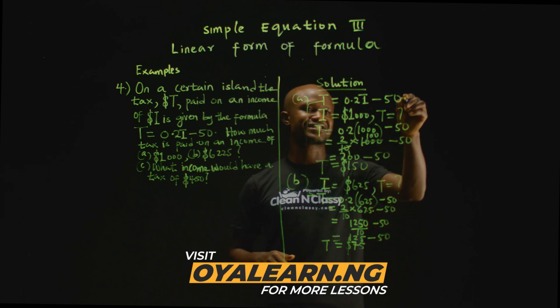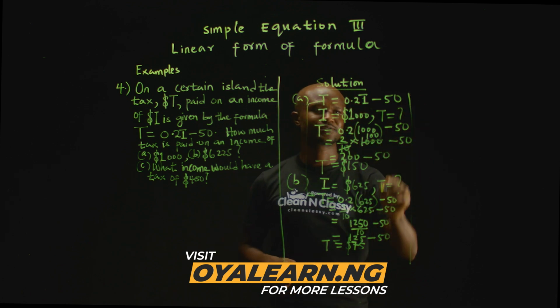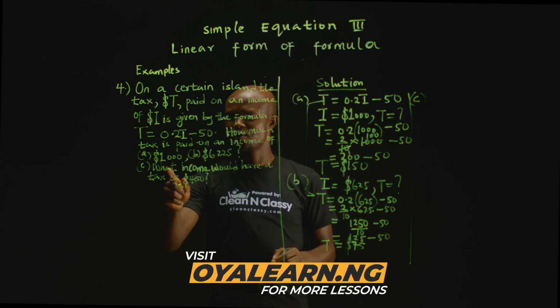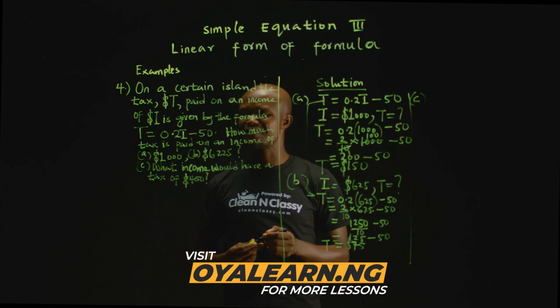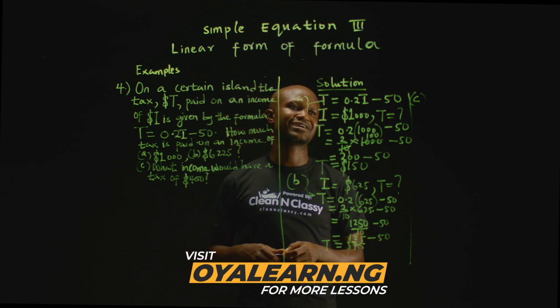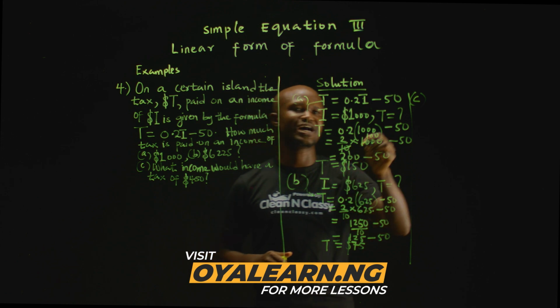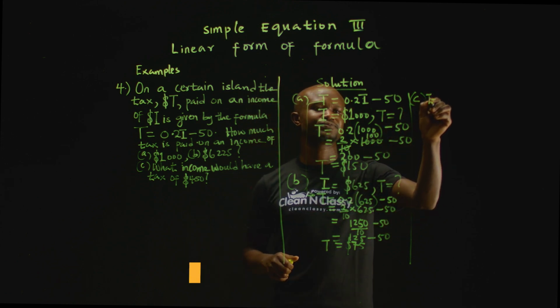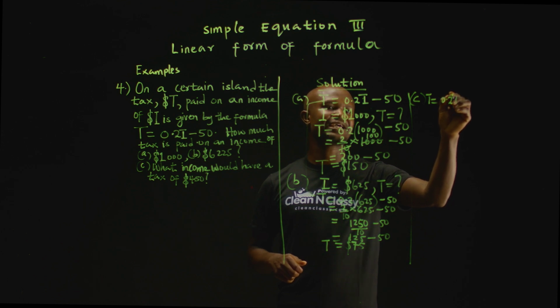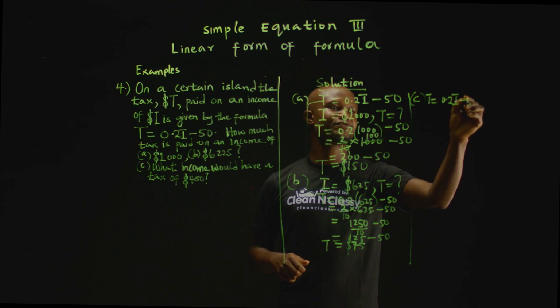So for us to solve C, the C part of the question, we have what income would have a tax of $450? So in this case, we have T equals 0.2I minus 50.